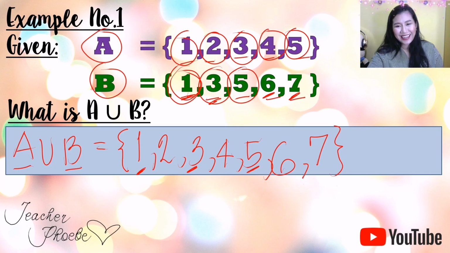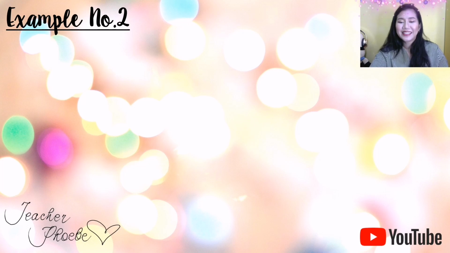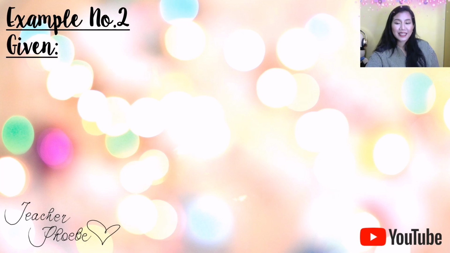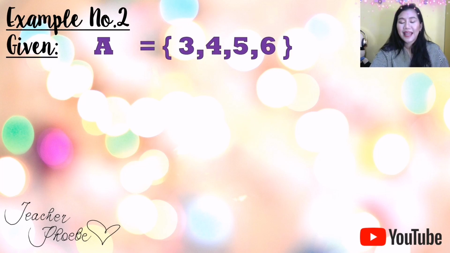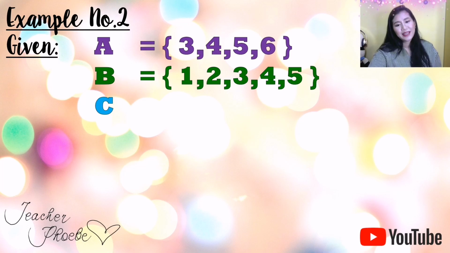Let's have example number 2. For your example number 2, given set A has the elements 3, 4, 5, 6. Set B has the elements 1, 2, 3, 4, 5.